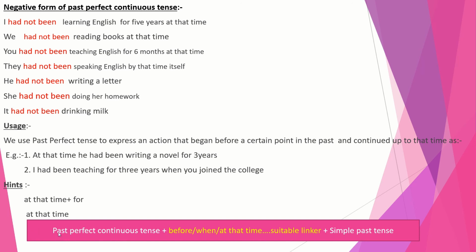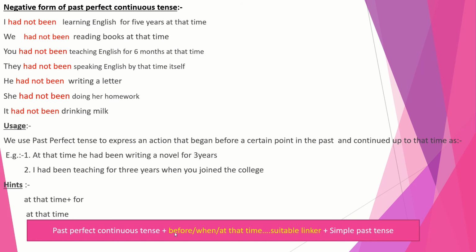So we are combining this past perfect continuous tense with a simple past tense. Past perfect continuous tense plus before, when, at that time, or any suitable linker, plus simple past tense.